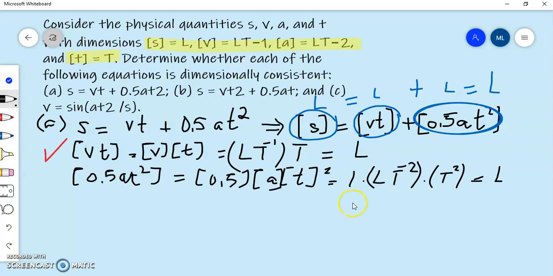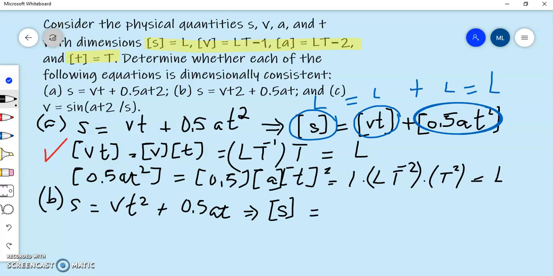Okay, so let's do the second one. I'm just going to write it down as S is equal to v t squared plus 0.5 a t. So let's check its dimensions: the dimension of S is equal to the dimension of v t squared plus the dimension of 0.5 a t.